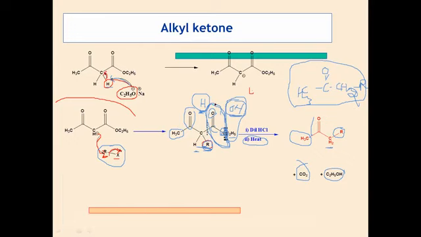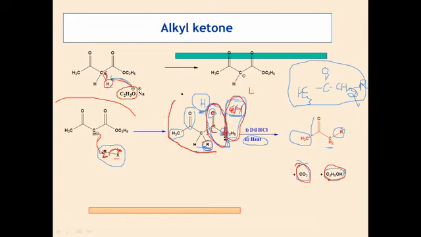Here there is a loss of CO2. This is oxygen, this one is the carbon and this one is the oxygen. Now this is the CO2 and this one is the OH. This OH combines with C2H5, so here you will get C2H5OH and this is our main product.